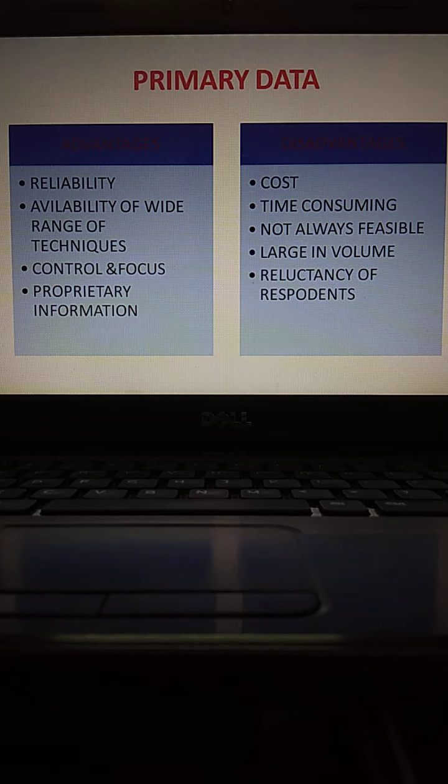It may not lead to a transparent decision making process. Hence, this is also a very important considerable disadvantage of the primary data: the reluctance of the respondents. The respondent is the unit which provides you the information.